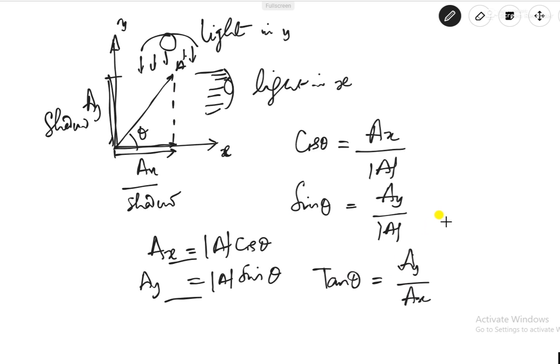If you want the magnitude, how will we find it? The magnitude A is equal to the square root of AX squared plus AY squared. This is as per the Pythagoras theorem, and this is how the components of the vector A are resolved. The magnitude A is equal to AY squared plus AX squared, under the square root.